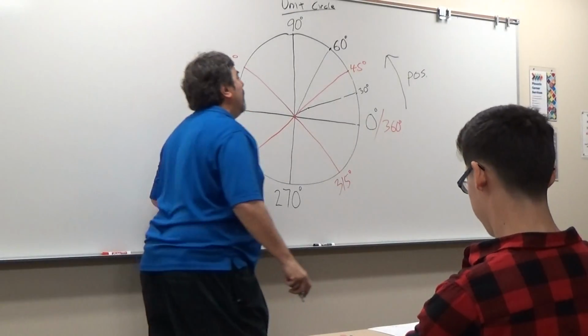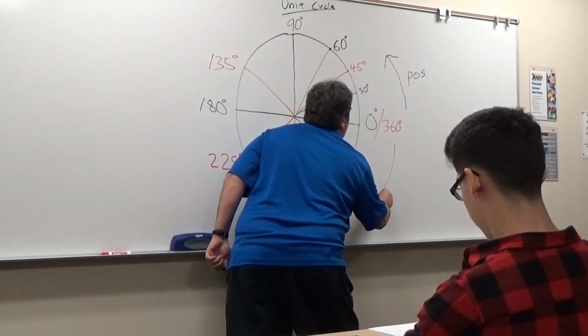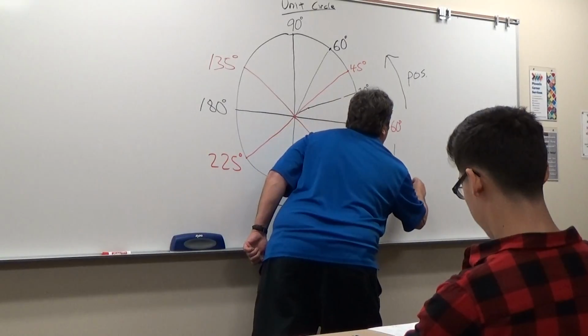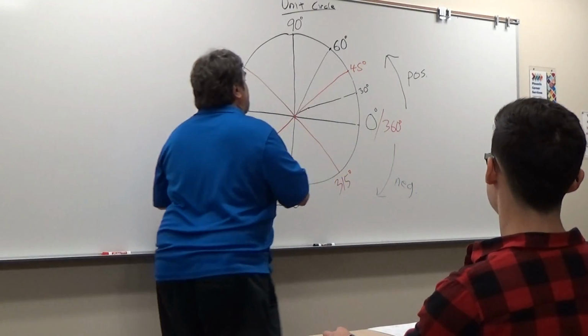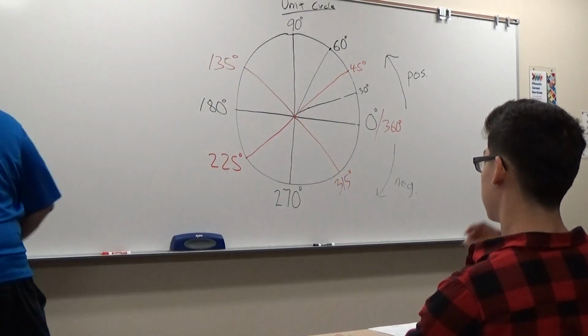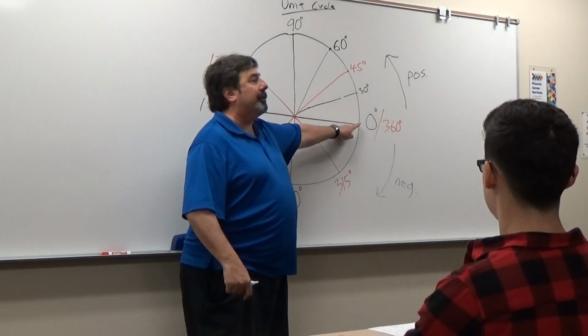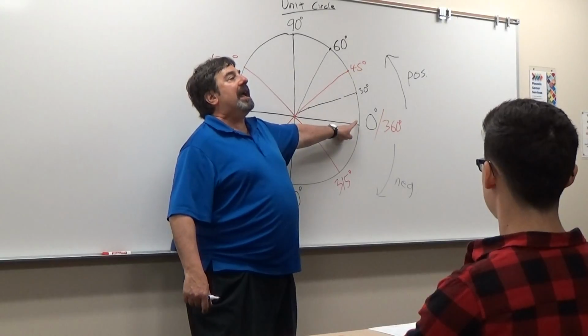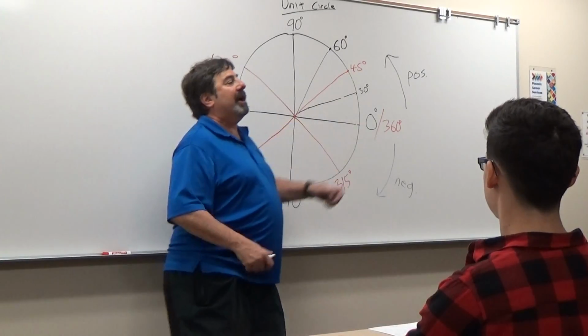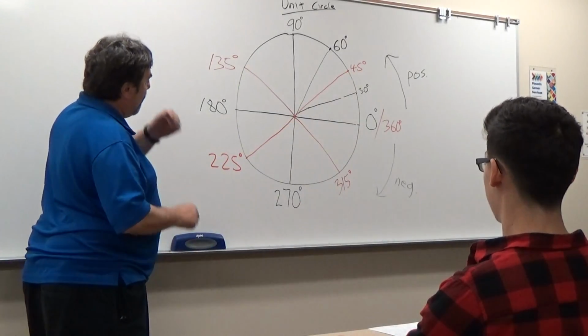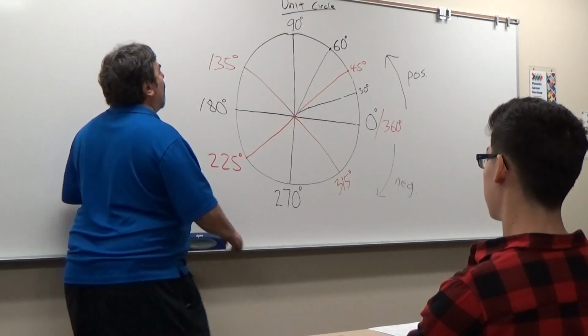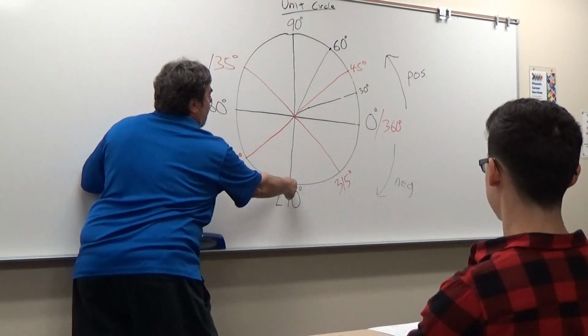Negative, very good. So in this direction, our angles will be negative. Okay? So, in other words, if I start here at 0 degrees and I go negative 90 degrees, where am I going to end up? At the bottom, right? Right down here? Yes.